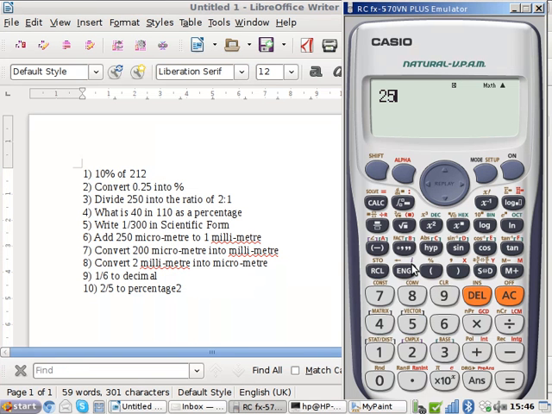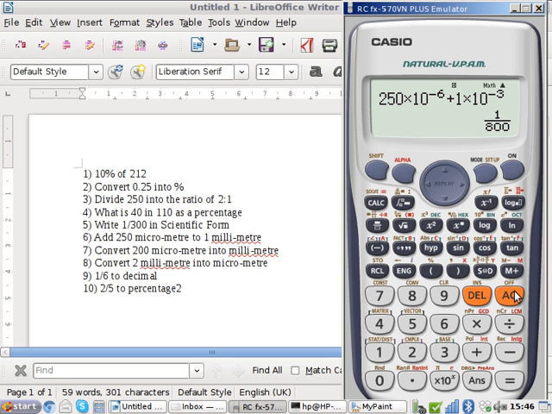So 250 micro, what you need to remember is that micro is 10 to the minus 6. So just in 250 times 10 to the minus 6, that's 250 micro, plus milli, and milli is 10 to the minus 3. So the Casio can add that together, no problem, and we get 1 over 800 as the answer, or 1.25 milli.